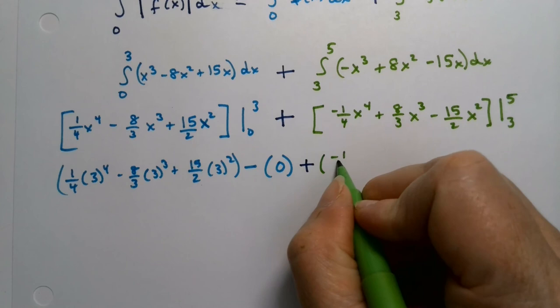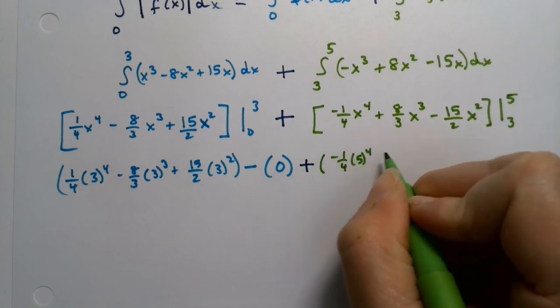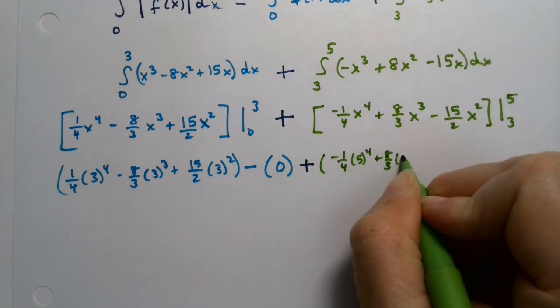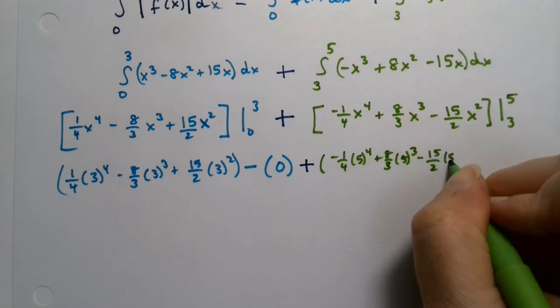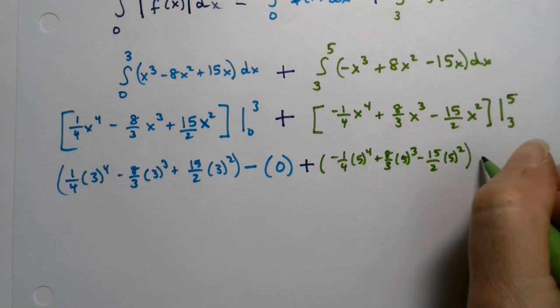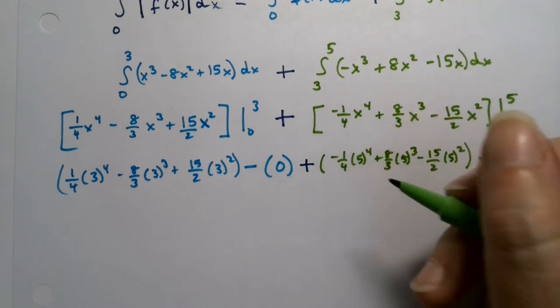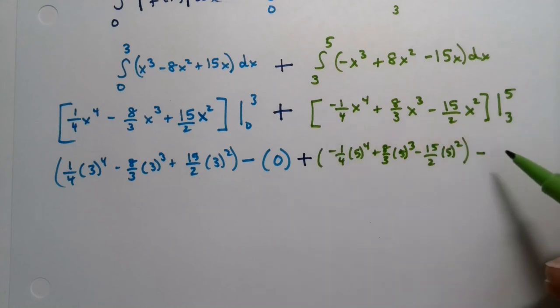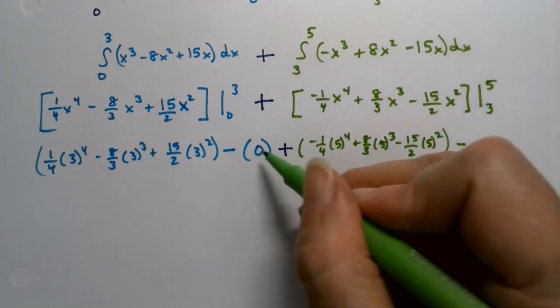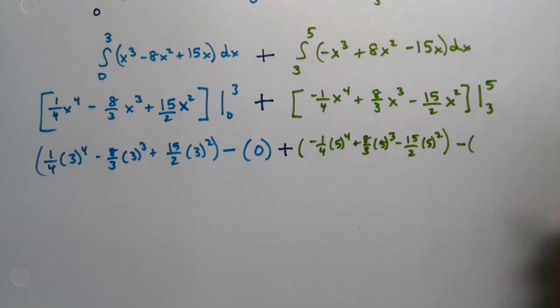So negative 1/4 times 5 to the 4th plus 8 thirds times 5 to the third minus 15 halves times 5 squared, minus, and I don't have to worry about should I bracket all of this or not, because the answer is you should, but since it's plus here, it doesn't make any difference. Oh, and then I'm running out of space.